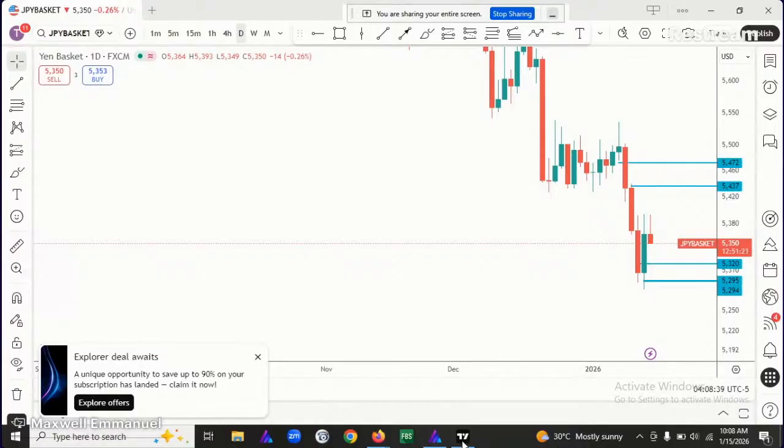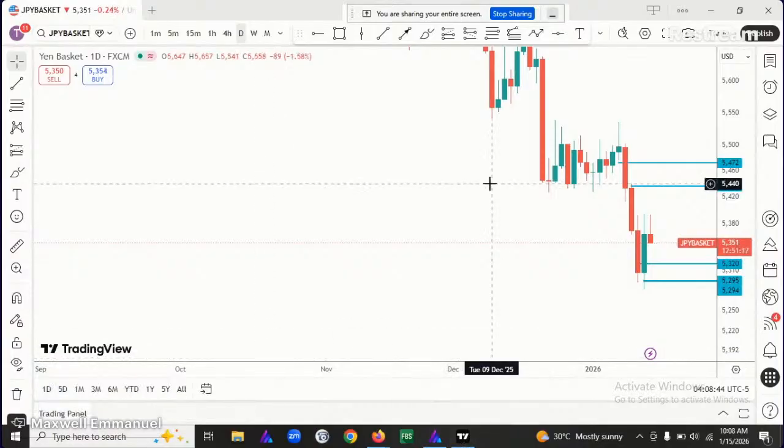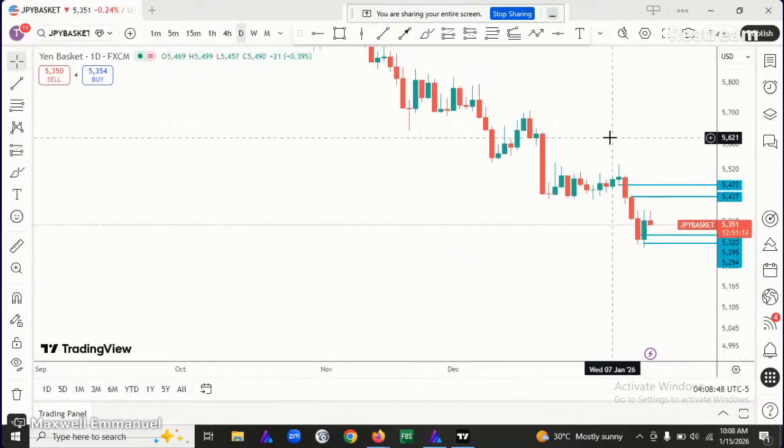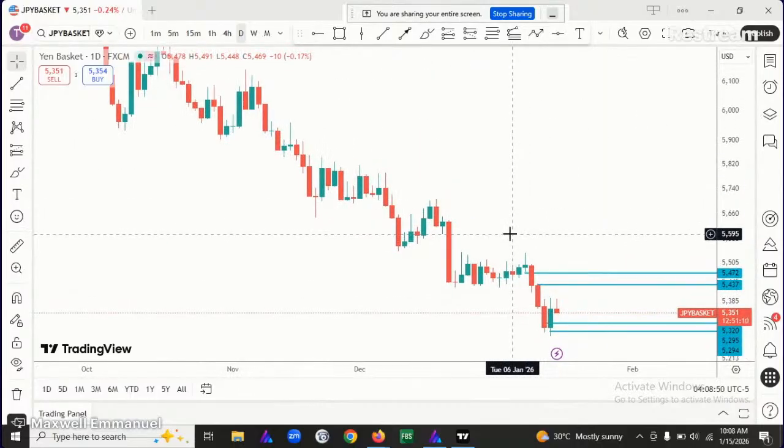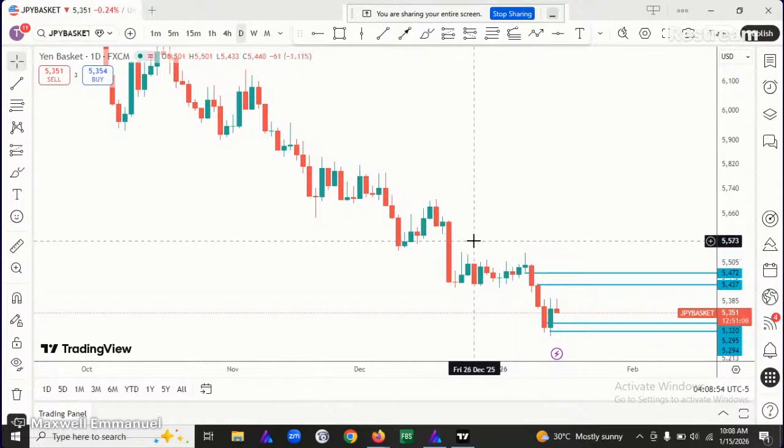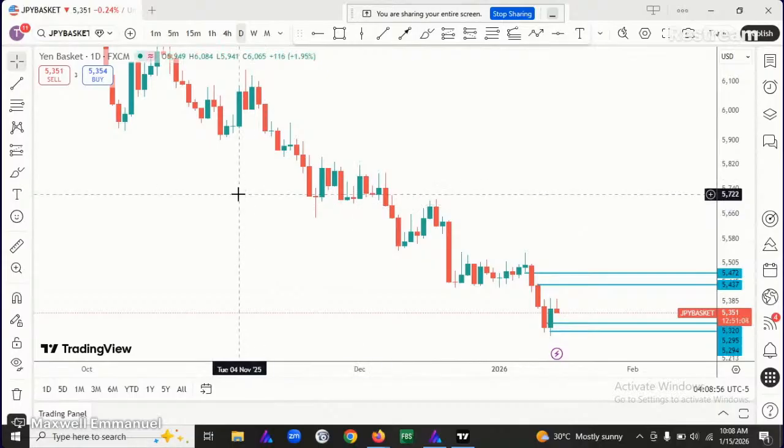So it's very important that you analyze the DXY chart and the yen basket chart before you go and analyze currency pairs.